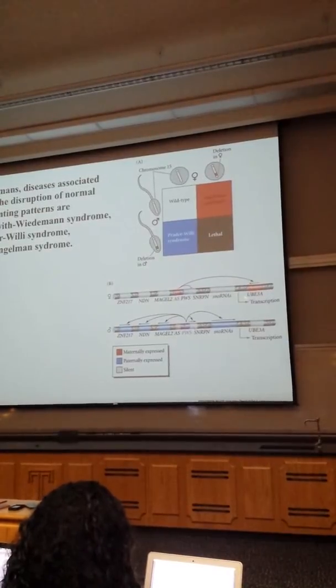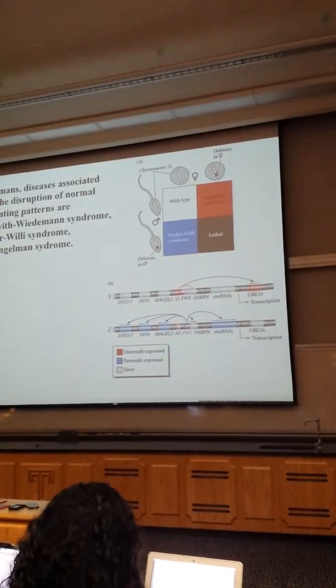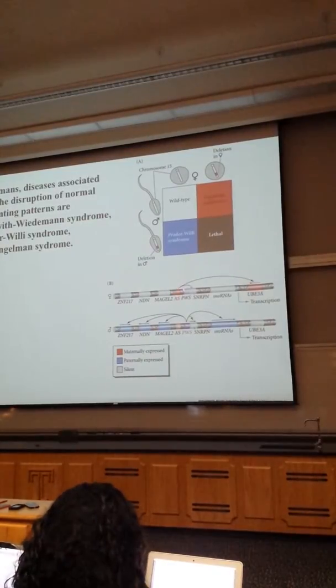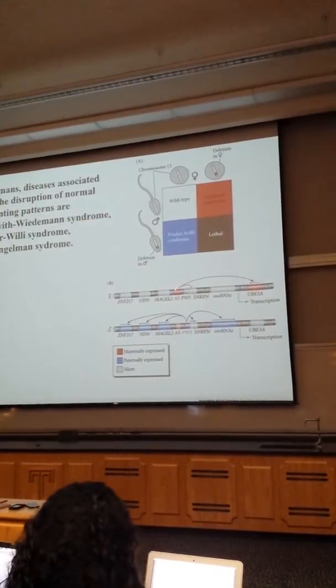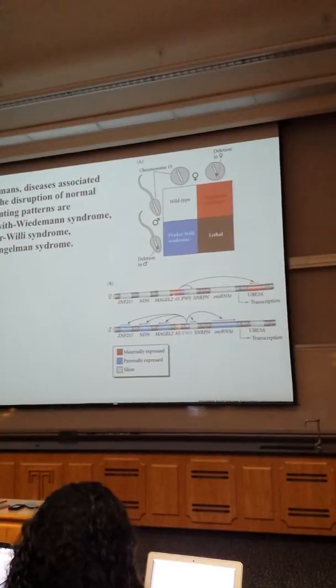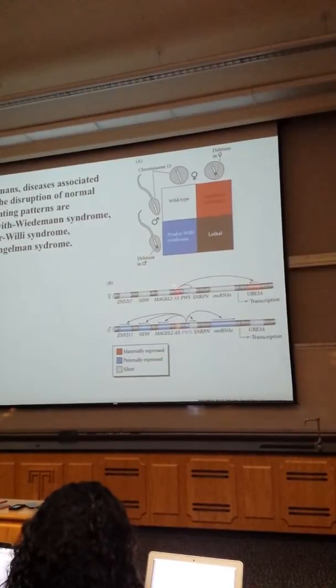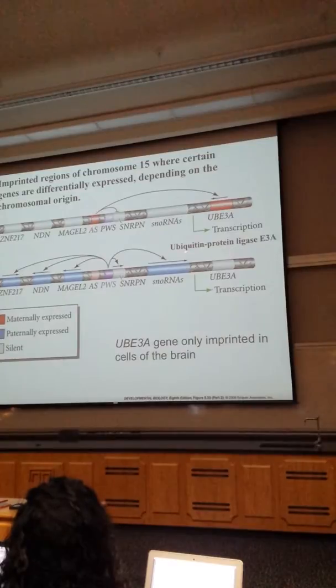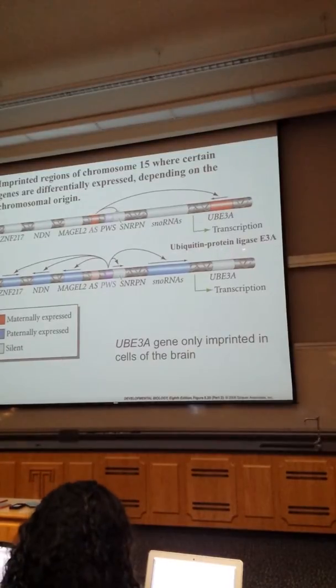The UBE3A gene is what is controlled by this little segment of DNA right here. It's a regulatory control region. It's not a promoter, but it functions as an enhancer to activate expression of the UBE3A gene. UBE3A is a ubiquitin protein ligase.